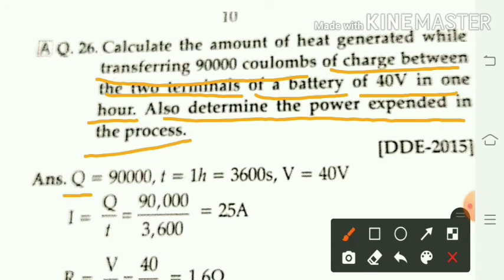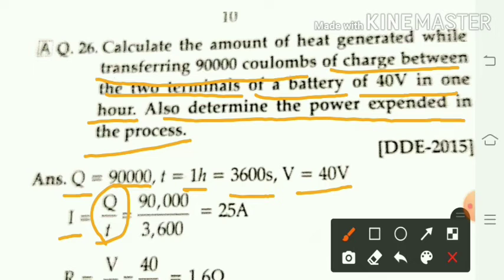Q is the charge, it is equal to 90,000 coulombs. Time which is given is 1 hour. 1 hour means 3600 seconds. Voltage is 40 volt. So, we can write the formula to calculate electric current I is Q by T.